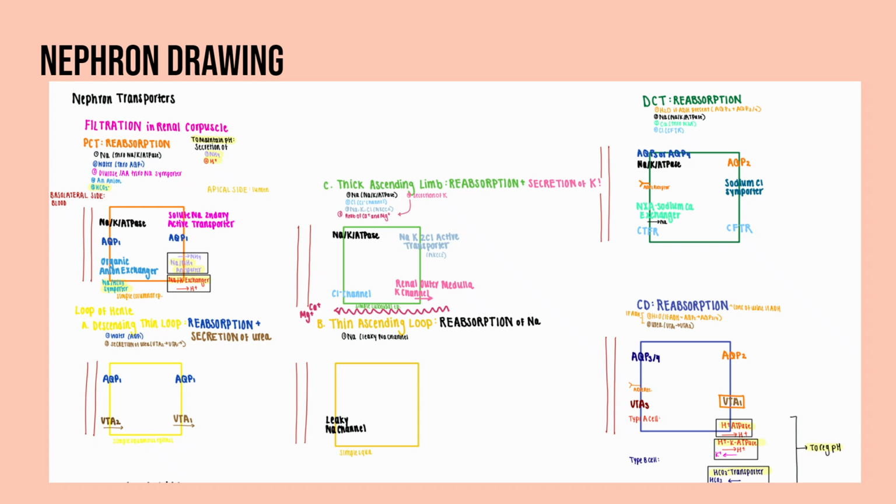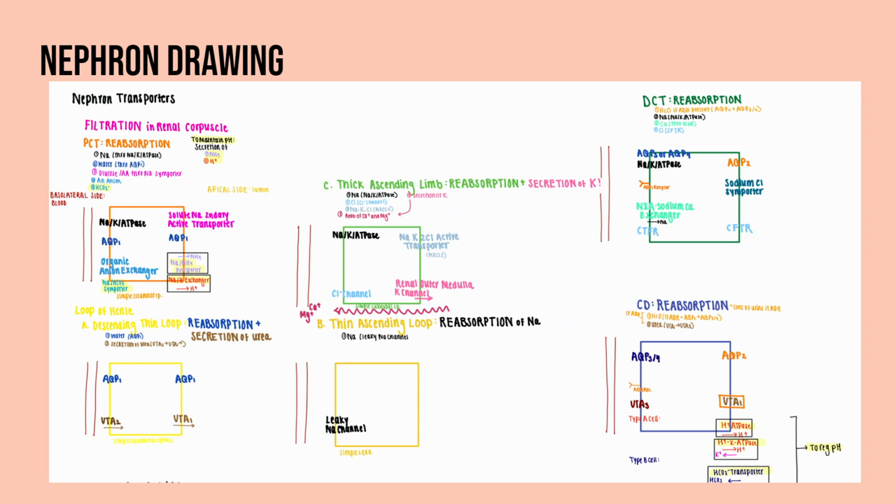Just to give you context, that square is the blood, and this is inside the nephron, so you could also say filtrate.